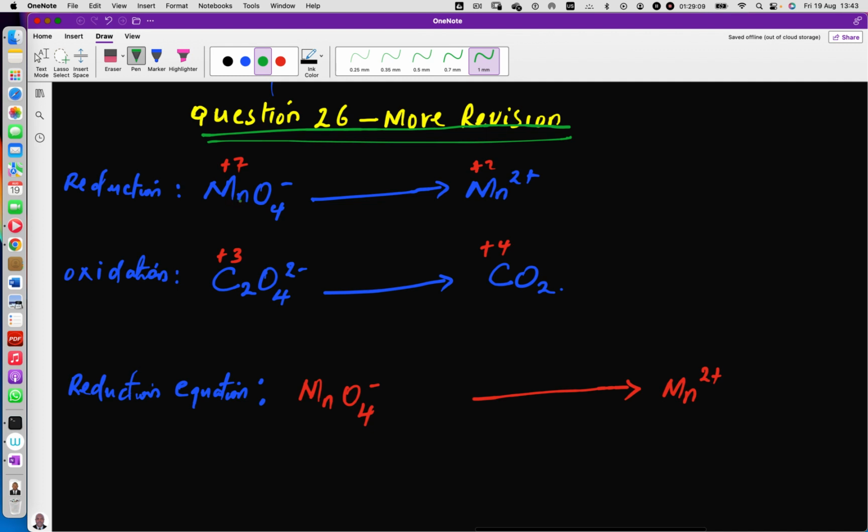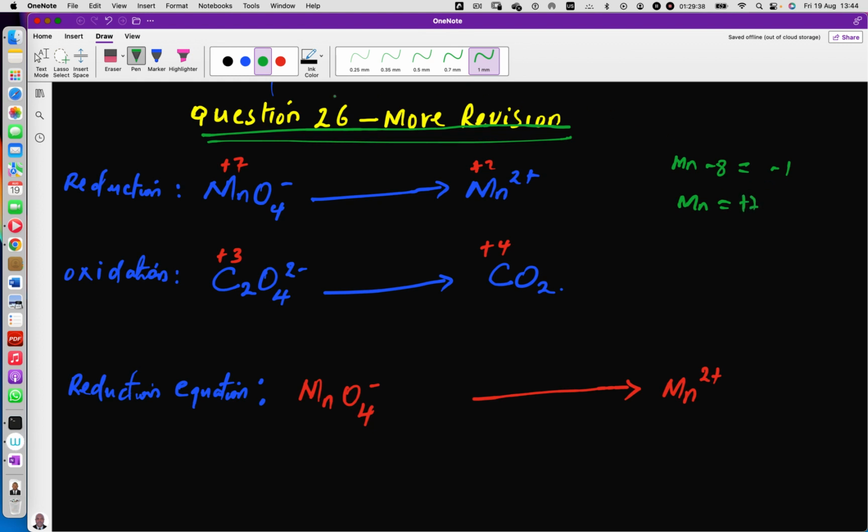Oxygen is -2, so -2 times 4 is -8, which is all to equal the charge, which is -1. So Mn, when you carry this to the other side, is going to be positive: -1 plus 8 is going to be plus 7.